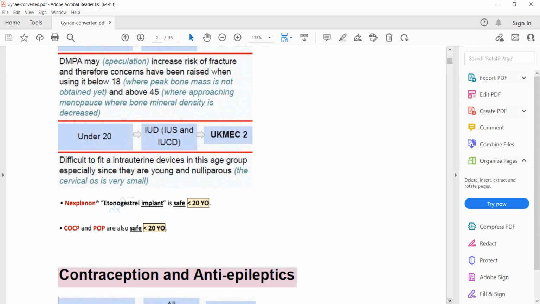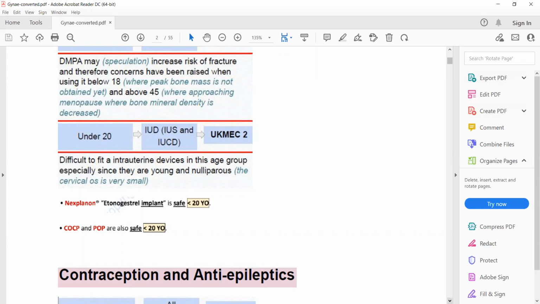The reason is that with DMPA, depo-medroxyprogesterone acetate, the fertility can take up to 1 year to return. So if the patient wants to get pregnant within 6 months or after 6 months and is looking for a short-term contraceptive method, then DMPA is not a good choice. So DMPA is a long-term contraception.